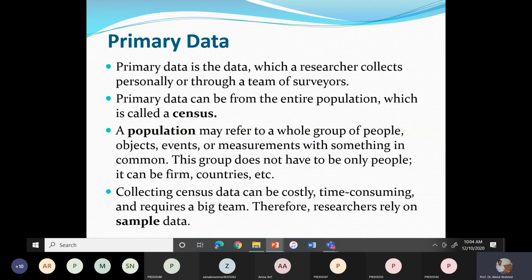Now, if you want to collect the data for the entire population, which is called census, it would be very costly, it will be time consuming, and it requires a big team. Therefore, researchers rely on a sample. So from population we get a sample.